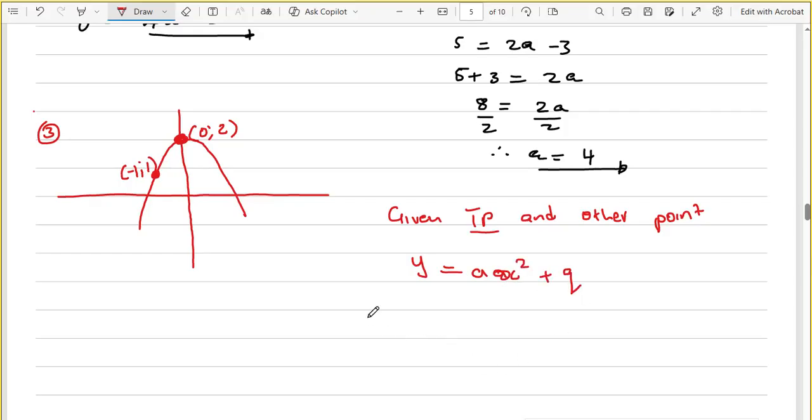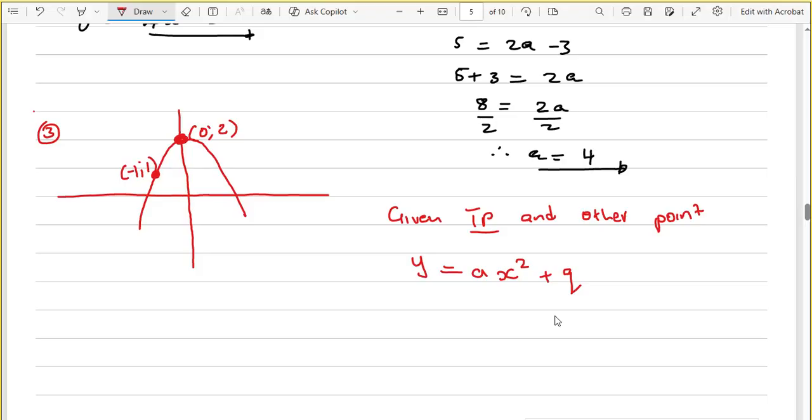So tell me, what is the first thing that we do? We're going to try and find the values of a and q, but we're going to start on q. We're going to start by looking at q, substitute q.